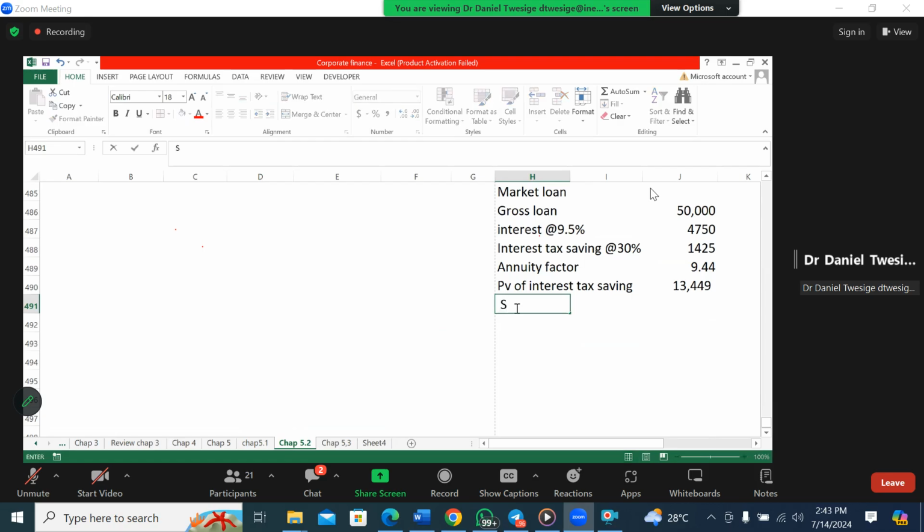Now we have an interest saving on a subsidized loan. Our interest on the subsidized loan, interest at 6%.